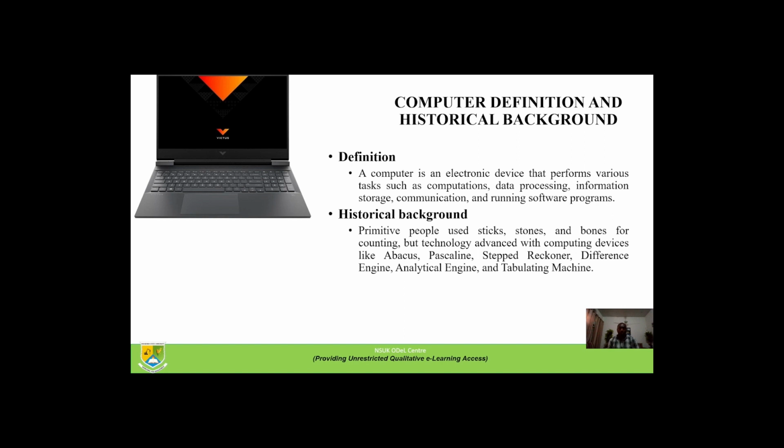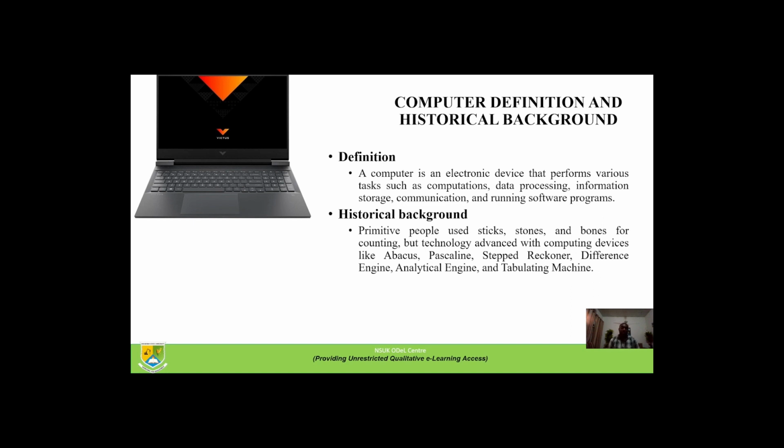From the historical background, before the early beginnings, human beings were known to use sticks, stones, and bones to count and quantify items. But with the advancement in technology, it gave birth to early mechanical devices, which include the abacus, pascaline, step reckoner, difference engine, analytical engine, and tabulating machine.